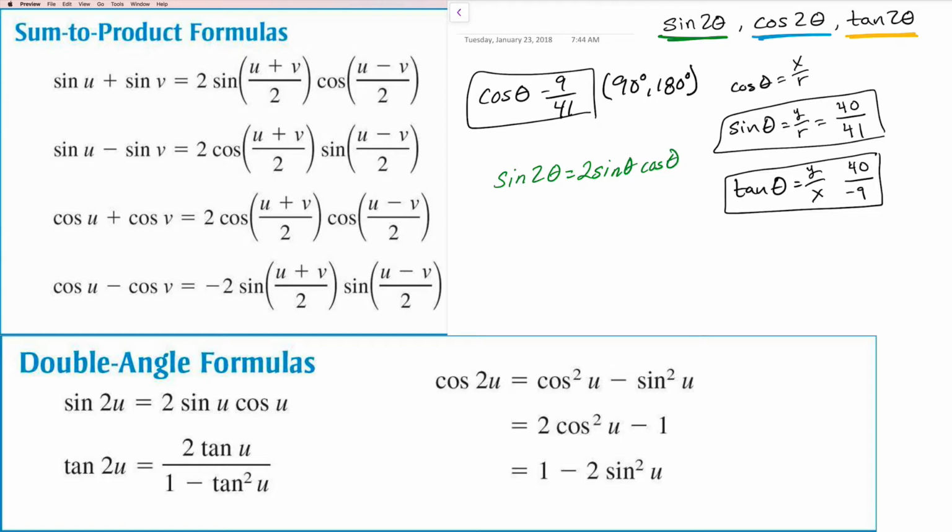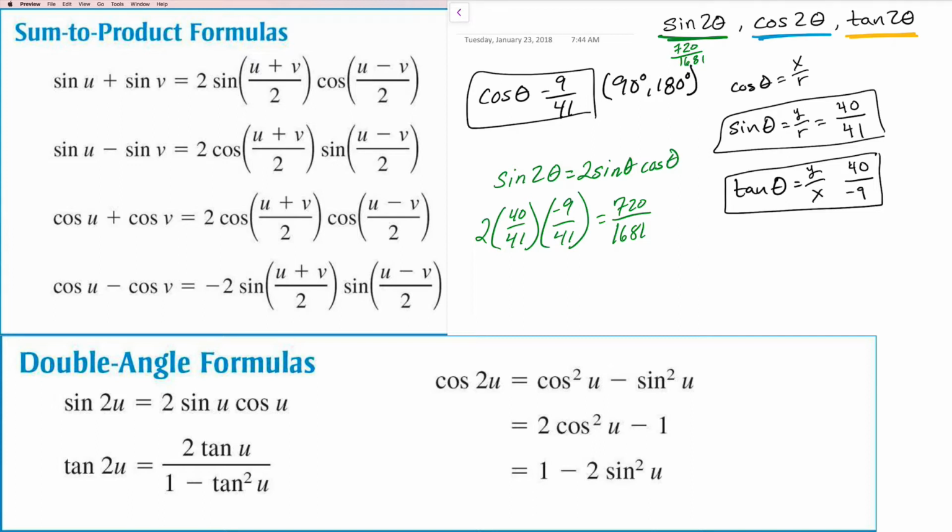Okay, so that's going to be 2 times my sine theta, which is 40 over 41, times negative 9 over 41. And then if I do the math on this, I end up with 720 over 1681. So that's the value for sine 2 theta.